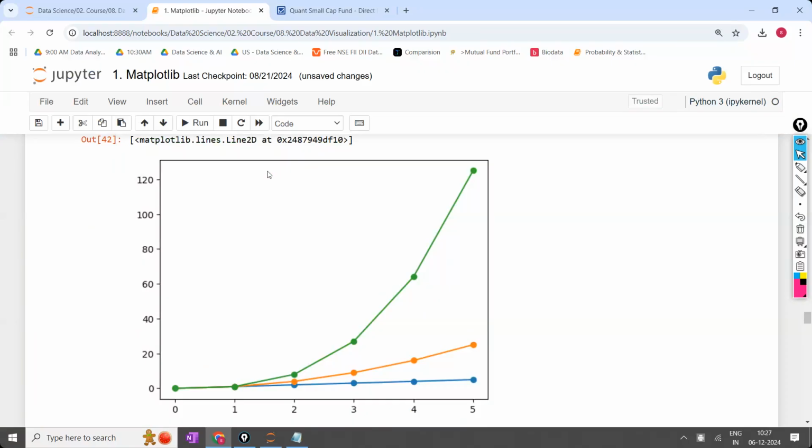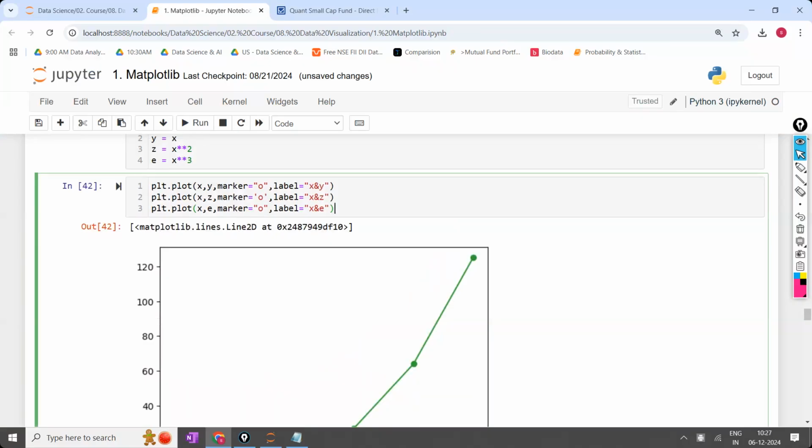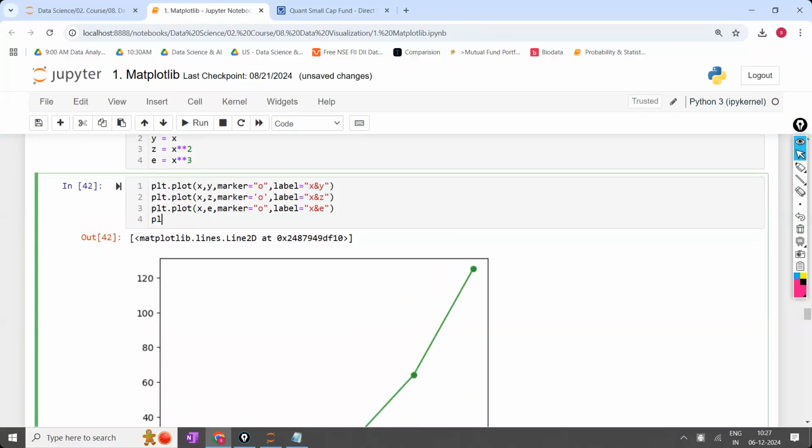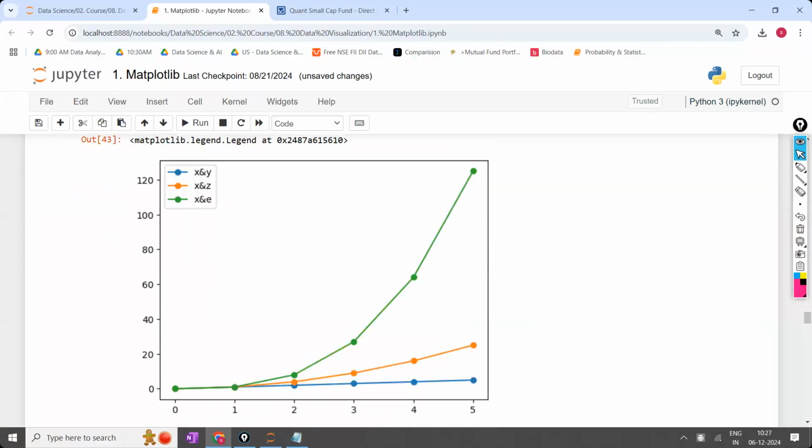Sir, you have given the names, but where are they? After writing the names, they have to be visible to you. For that we have to use plt.legend. The function name is legend. It is normal legend only.